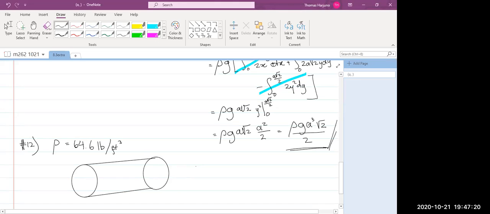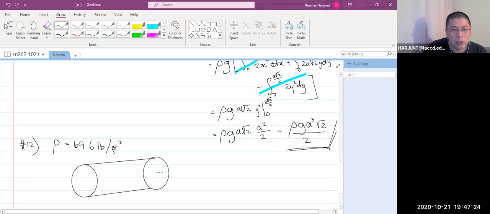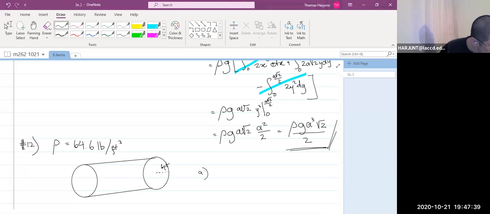Part A, find the force exerted by the milk on one end of the tank when the tank is full.